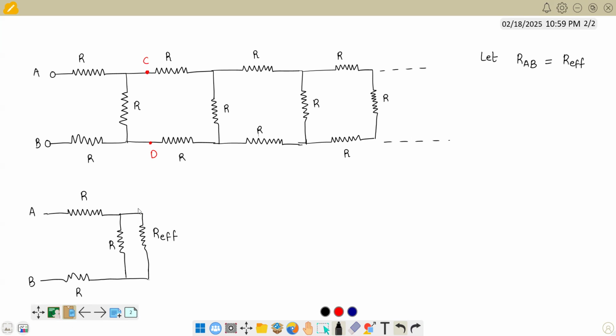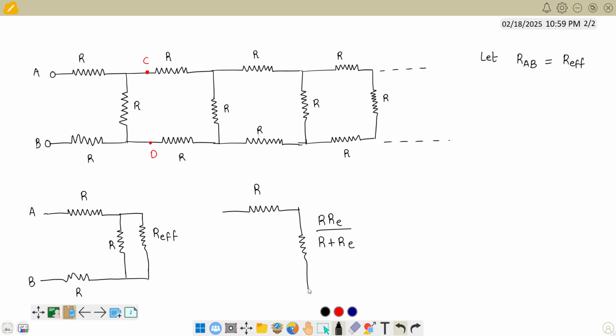Now let us find the effective resistance. This is very easy to solve because these two are in parallel. Since these two are in parallel, I can write their effective resistance using the formula R1 R2 by R1 plus R2, so R into R effective by R plus R effective.